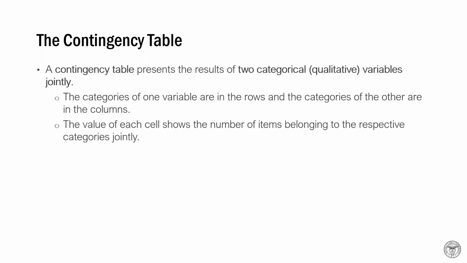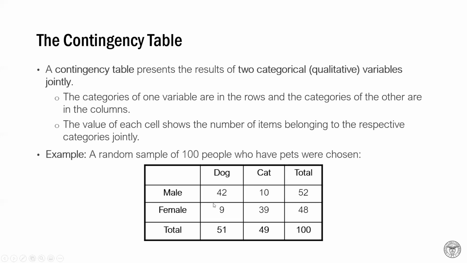In the contingency table, we place one variable in the rows and the other one in the columns. Like this one. The value of each cell describes the number of items belonging to the respective categories jointly.